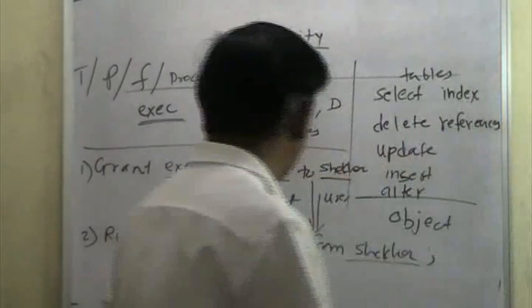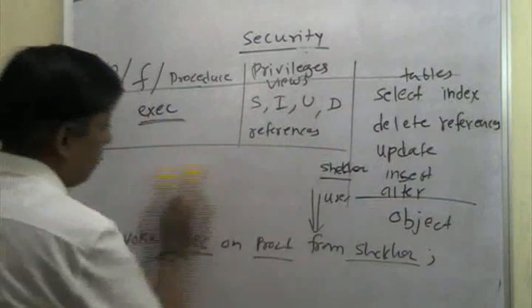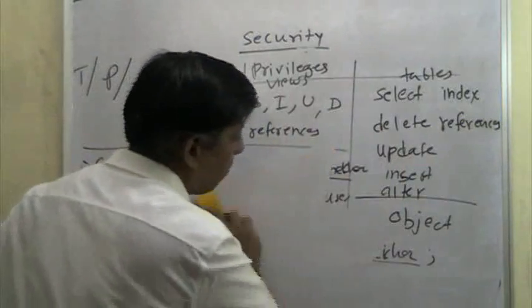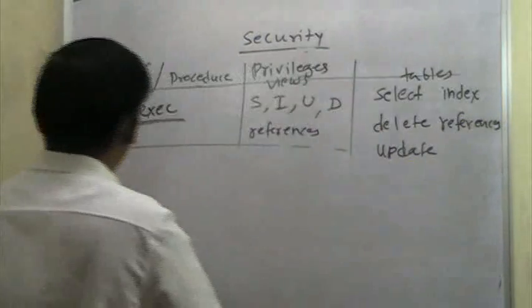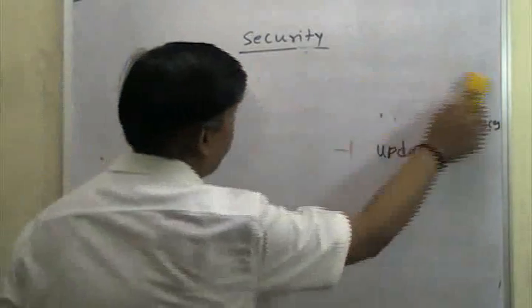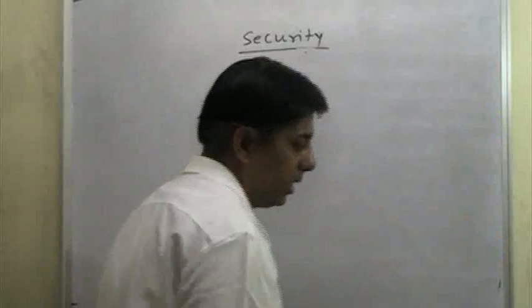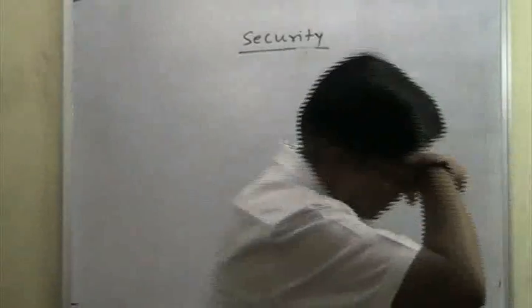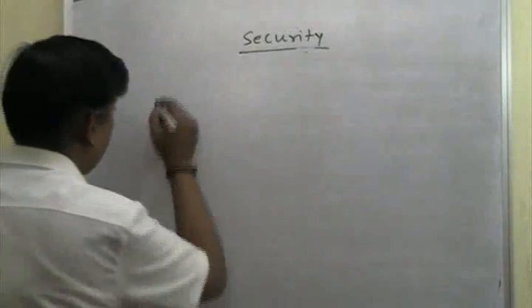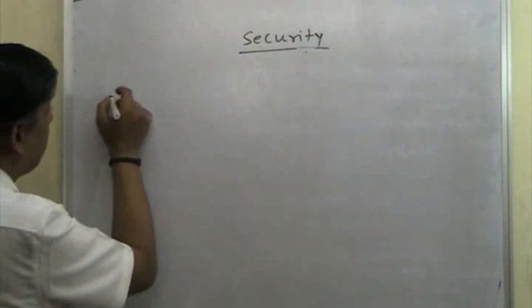Now there is one very interesting thing about granting a privilege. We now know what an object level privilege is, and that it is different for different types of objects. For procedures there is no select object level privilege. Now there is one grant command that I am going to type here.